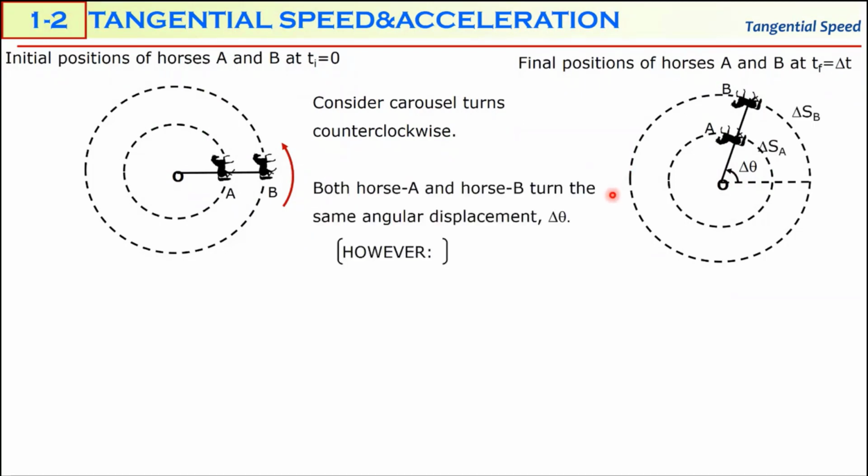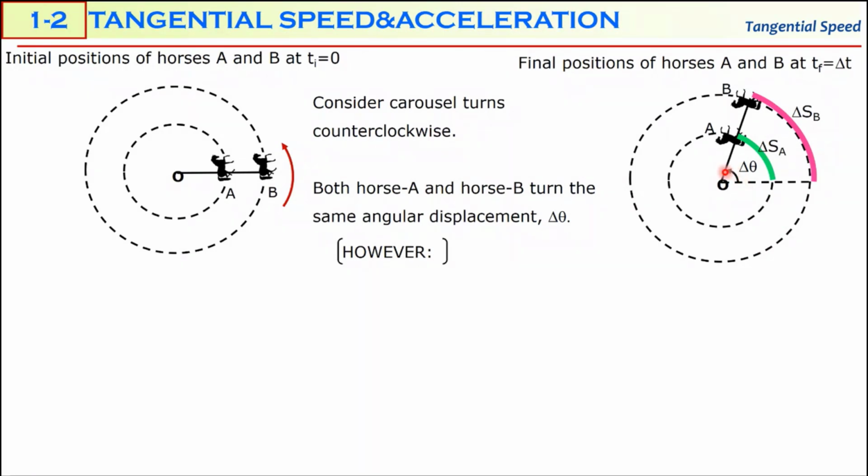But the distances traveled by these two horses are not equal. One horse travels a longer distance than the other one, even though their angular displacements, delta thetas, are the same.